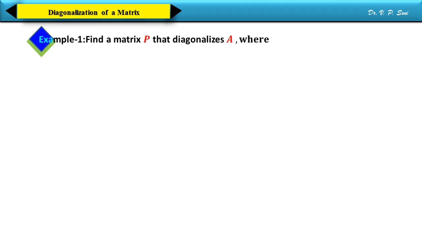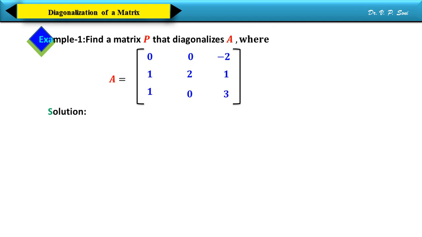First example: find the matrix P that diagonalizes A, where A is a matrix whose first row is 0, 0, minus 2, second row 1, 2, 1, third row 1, 0, 3. Solution: the characteristic equation of matrix A is determinant of A minus lambda I equal to 0.